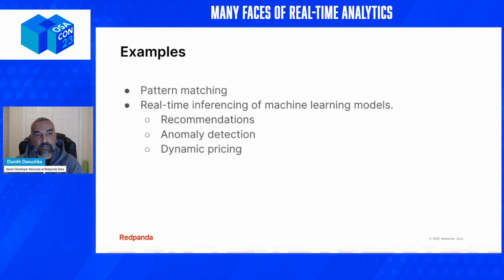When we talk about different examples for this category, we can see pattern matching applications like complex event processing systems, so they can detect patterns in incoming data and take action. For example, anomaly and fraud detection application could be a very good example there. Consider a credit card processing application.